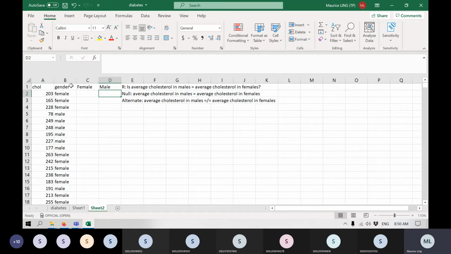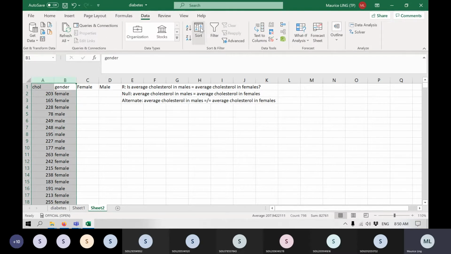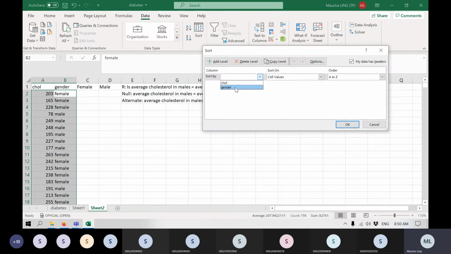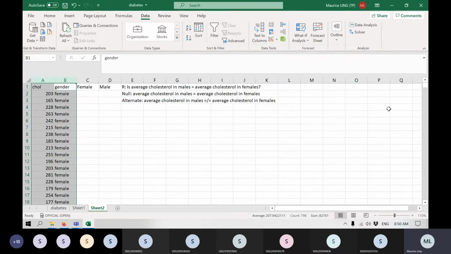So how do we do that? You can copy female into here, male into here, and all this, but it's going to be very troublesome. So let's do a faster way. Go to your data ribbon, sort. We just sort by gender. Okay. So sort by gender, your female will pop up first because alphabetically female comes up first.